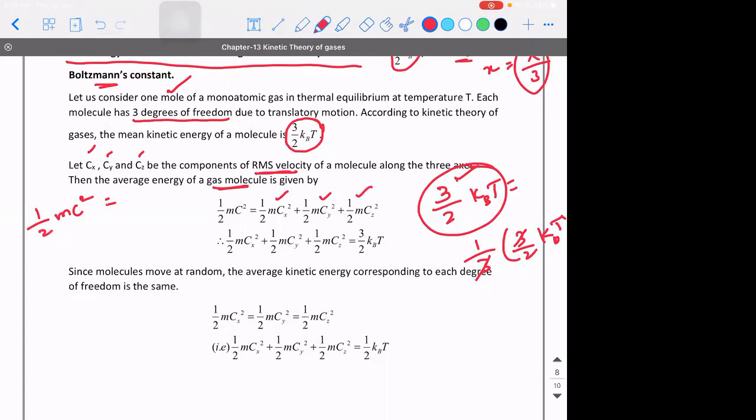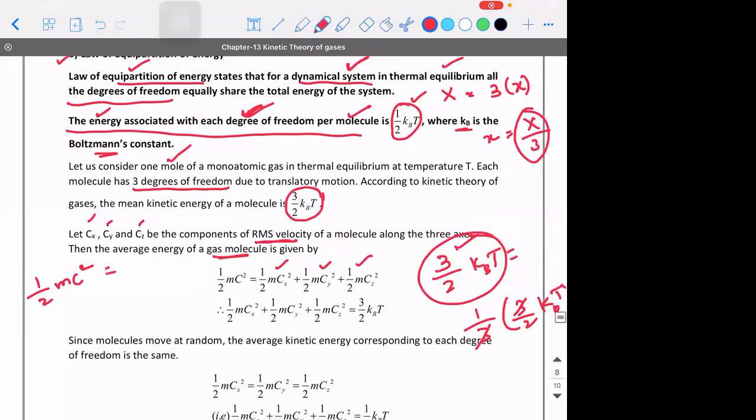But what does the law of equipartition of energy state? That half m cx square is the same as half m cy square, which is the same as half m cz square. That is, whether it has translatory motion along the x, y or z direction, it travels with equal energy, provided it is in thermal equilibrium.